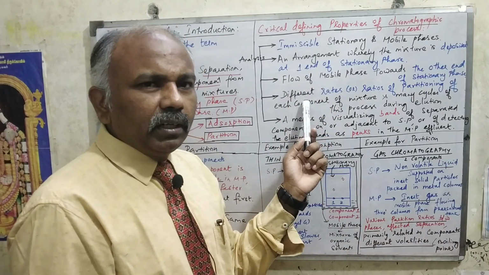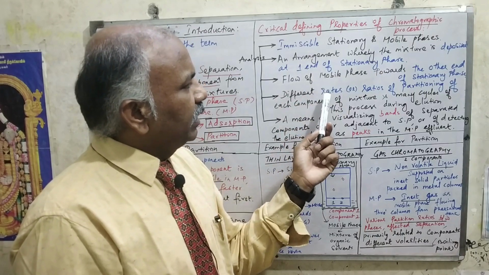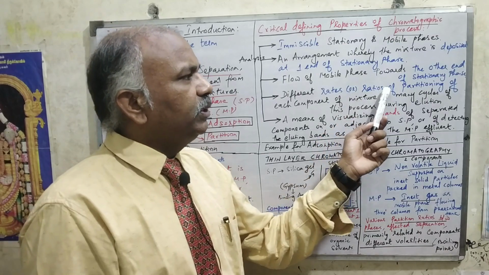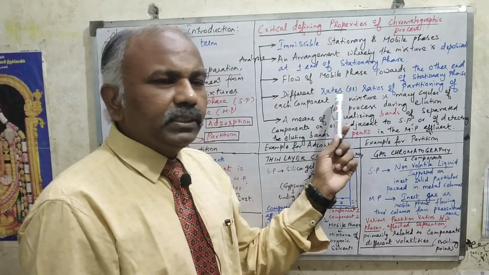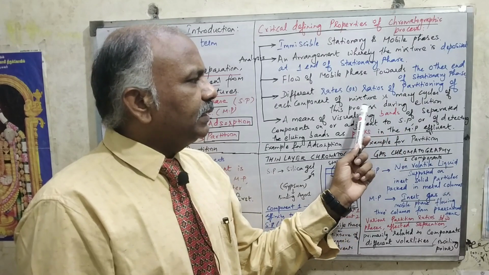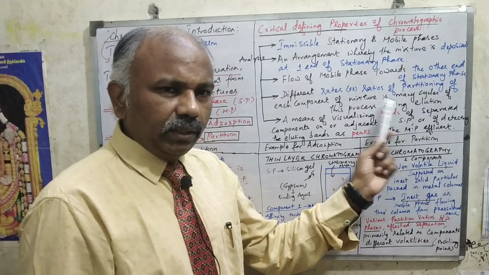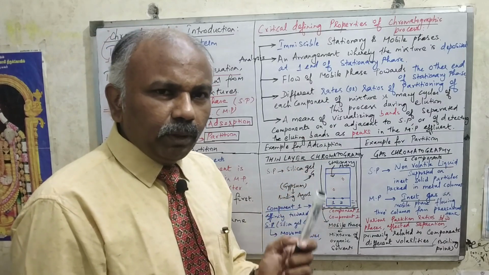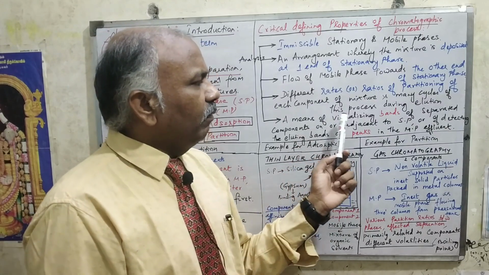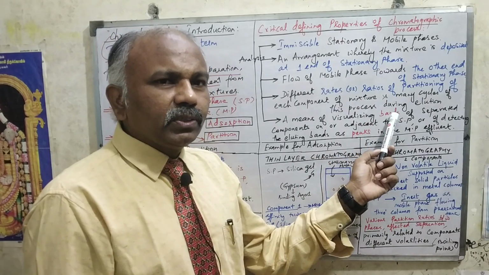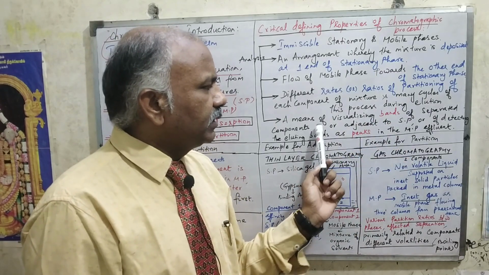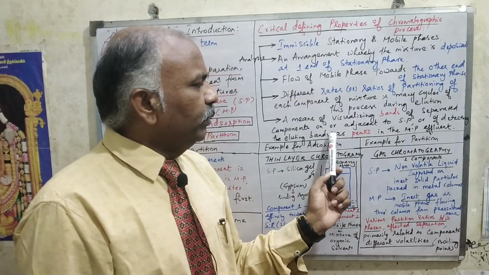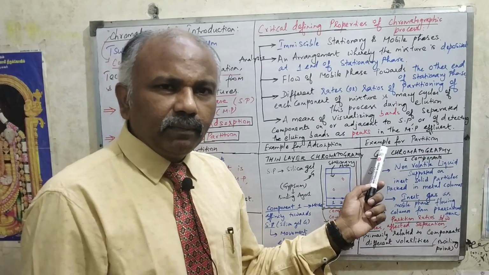The fourth important critical property is different rates or ratios of partitioning of each component of the mixture, and many cycles of this process during elution. The last critical defining property of any chromatographic process is a means of visualizing the bands or zones of separated components on or adjacent to the stationary phase, or of detecting the eluting bands as peaks in the mobile phase effluent.